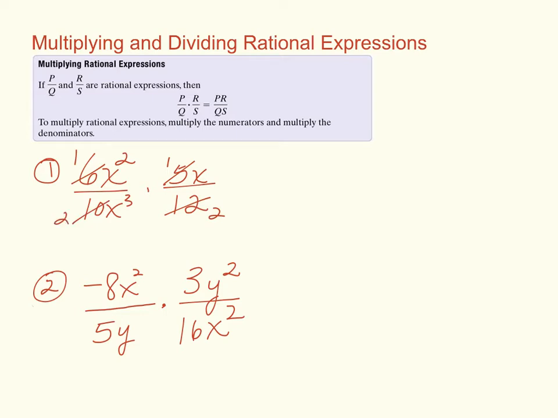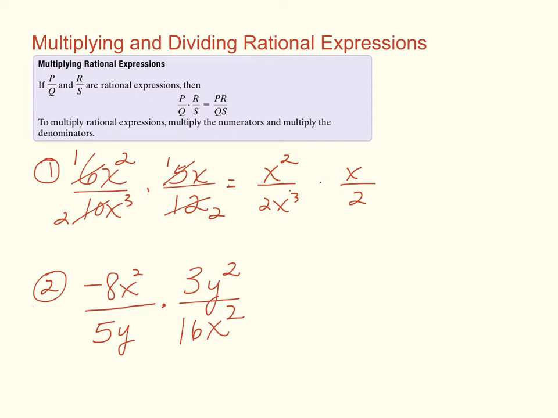So I'm going to rewrite what we have so far. We have a 1x squared, which is just x squared, over 2x to the third, times now 1x, or just x, over 2.